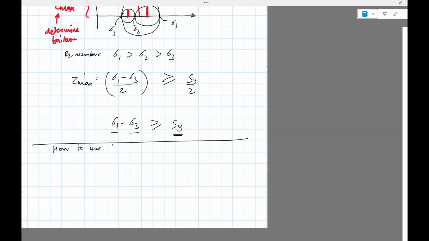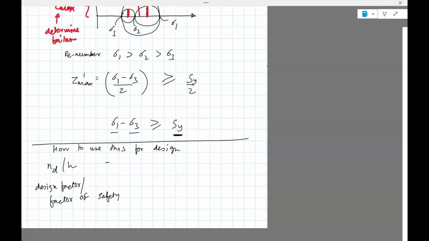Next is how to use this for design. We can define the factor of safety, ND or N. We've seen this before, design factor or factor of safety, depending on when you calculate it, before or after design.